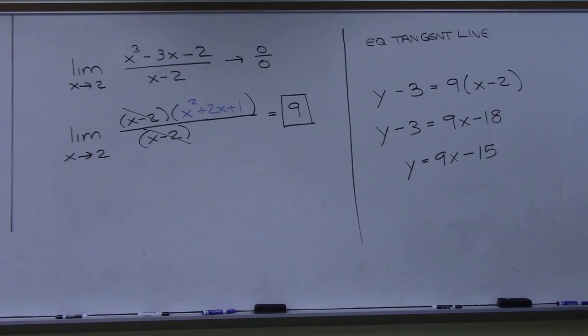So I'm going to graph the original function, which was x cubed minus 3x plus 1, and I'm going to graph that kind of big.